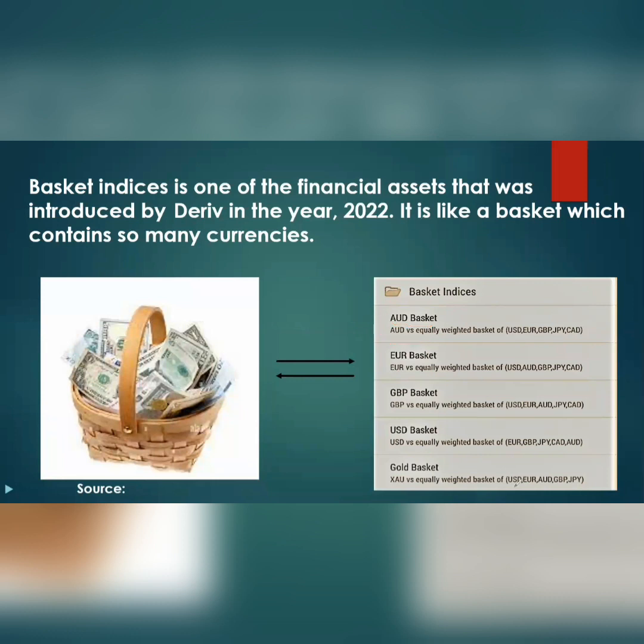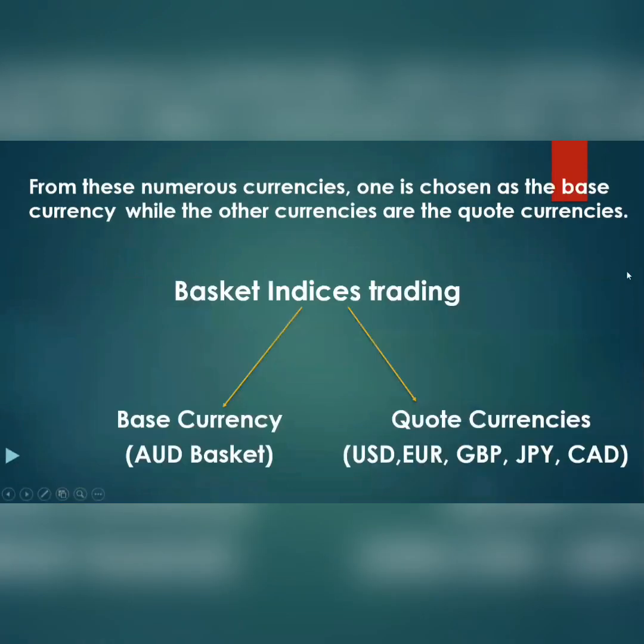That's why I brought up this graphic illustration, which shows that in a basket index, we can have the base currency, which is the AUD, and then the quote currencies, which are the USD, Euro, Pound, Yen, and Canadian dollar.